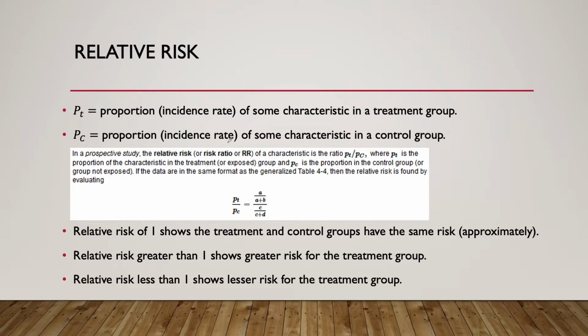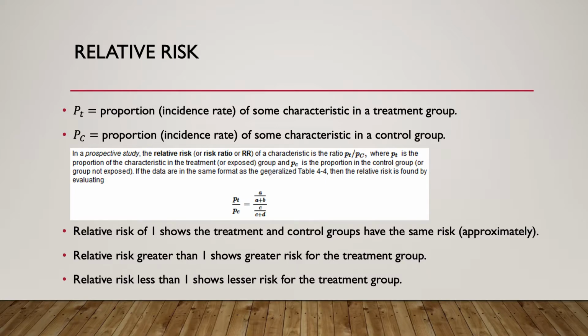The relative risk: we can denote by p sub t the proportion or incidence rate of some characteristic in the treatment group, and p sub c the proportion or incidence rate of some characteristic in a control group.